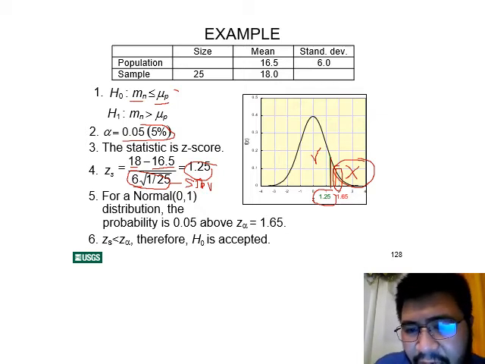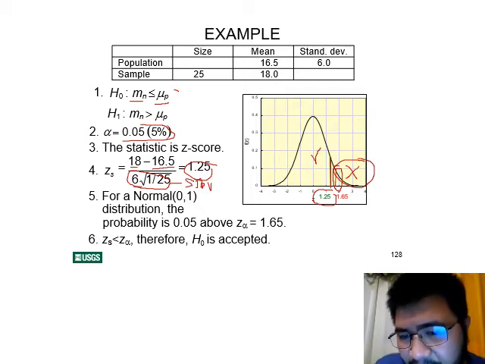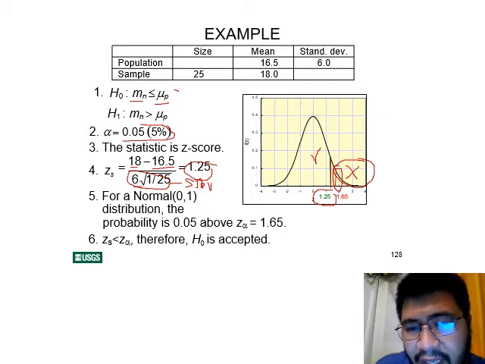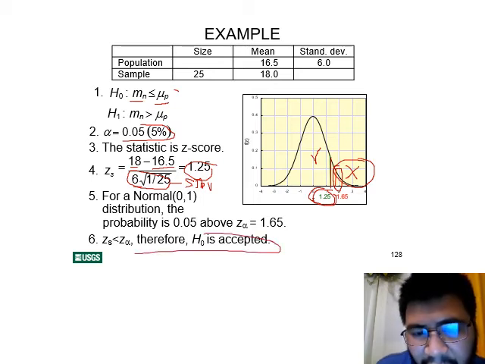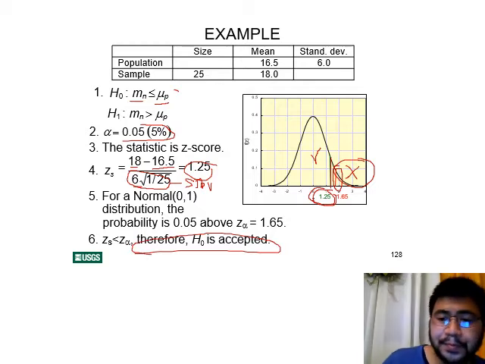We see here that the z-score is not inside the rejection area, so we accept the null hypothesis. That's how the testing of two means works.